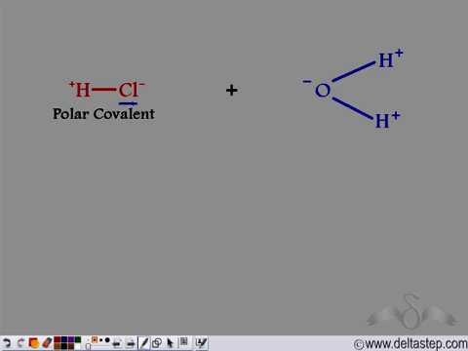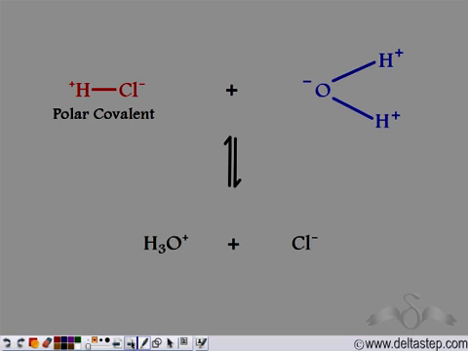Now if it is made to react with water, the ions separate out as there is separation of charges. But this H+ is not stable on its own. So it goes and combines with the negative oxygen atom. In the process, it forms H3O+, as this H+ attaches itself to this oxygen atom. So it forms H3O+ and chloride ions.